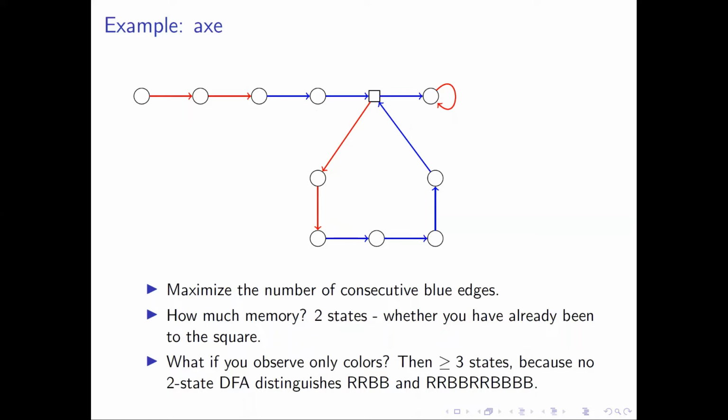Okay, and it can be shown that there is no two-state automata which does that. No two-state automata over the alphabet of R and B which does that. Well, okay, it can be verified by computer search, but let's just see that there is nothing obvious here that works.